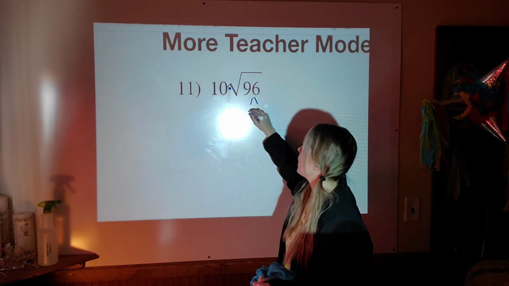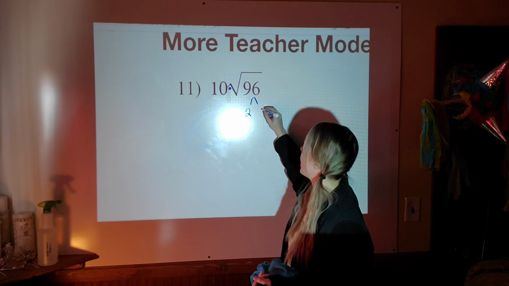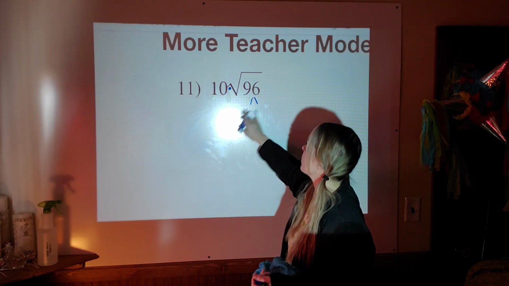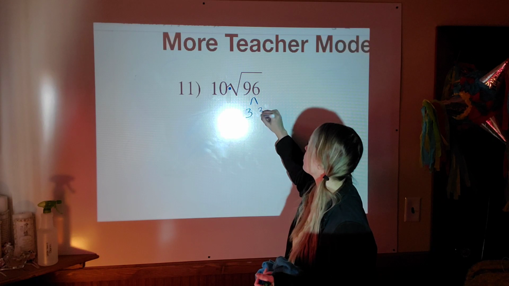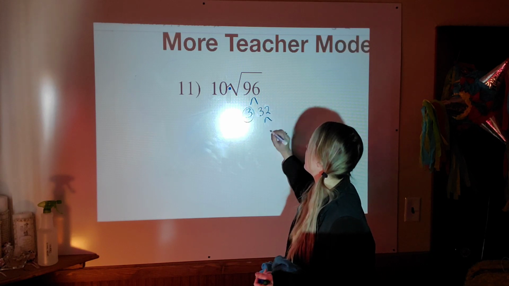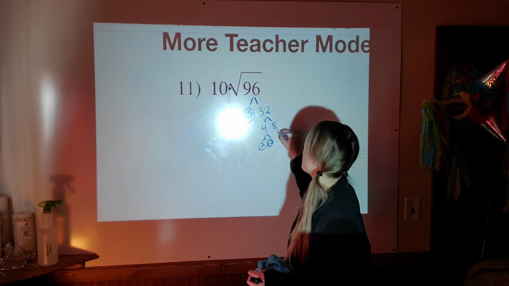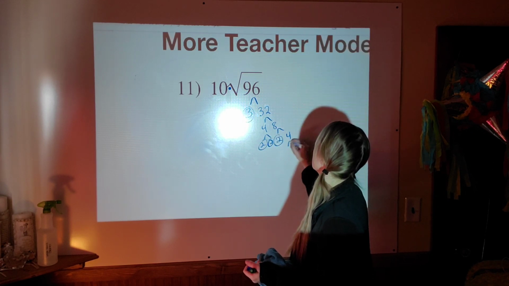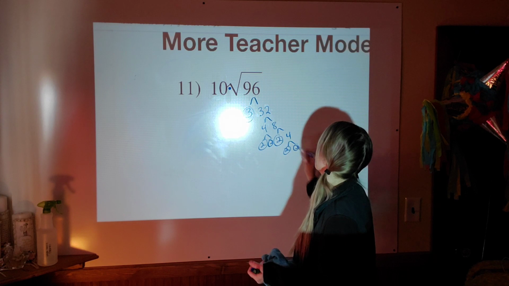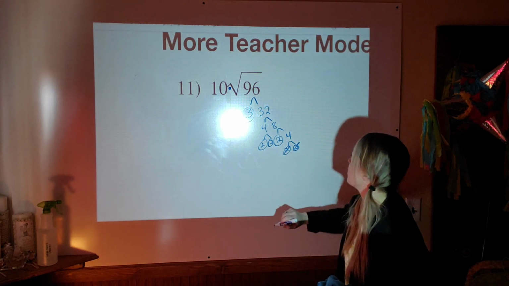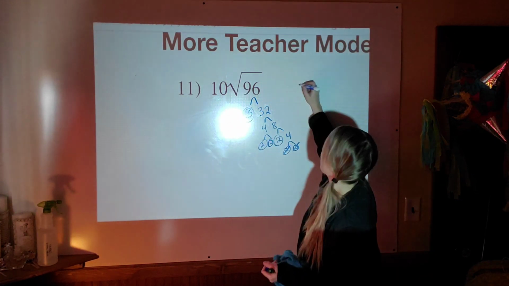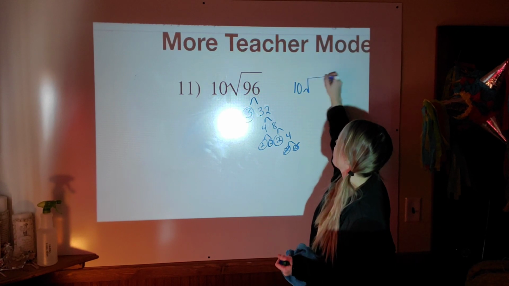So I'm going to go ahead and do this one again. We did 3 times 32, and then that was 4 and 8. That's 2 and 2, 2 and 4, 2 and 2. So we pulled out a 2 out in front. So we've got a 10 already out in front.